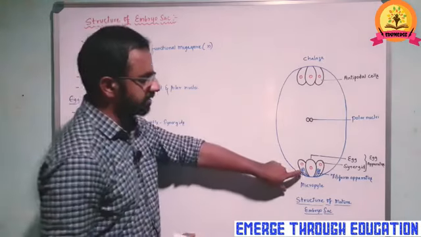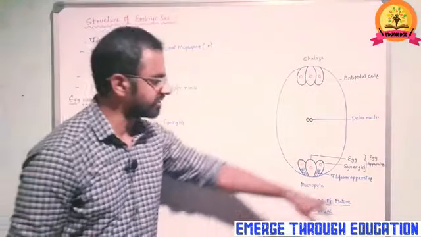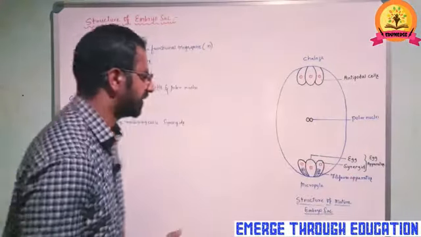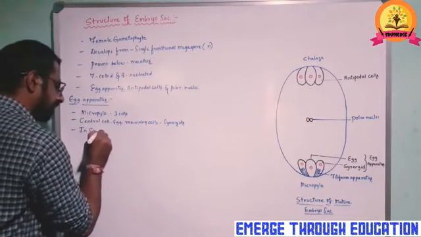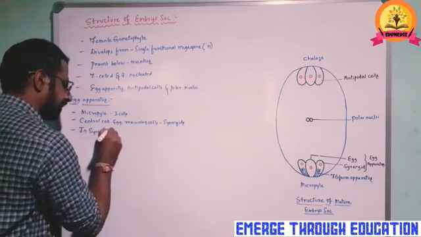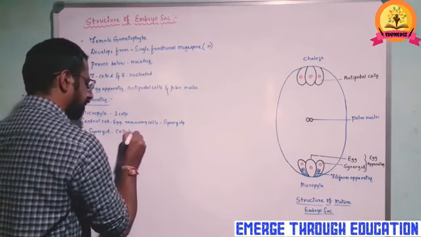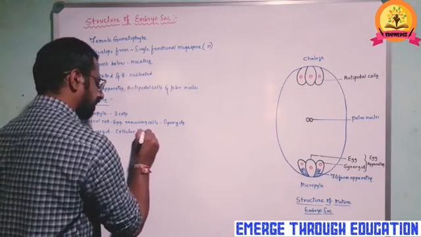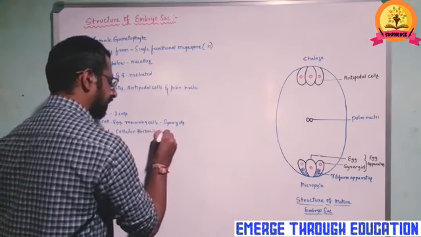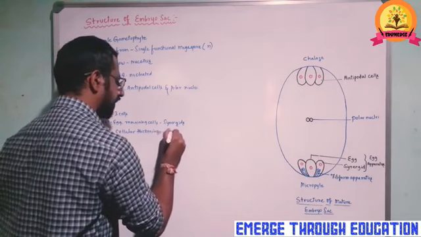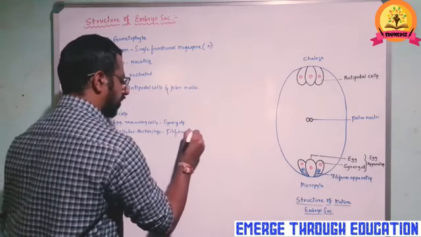In the synergid, special cellular thickenings or finger-like projections are present, known as filiform apparatus.